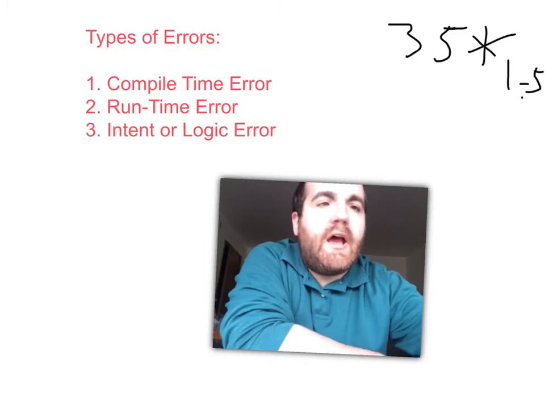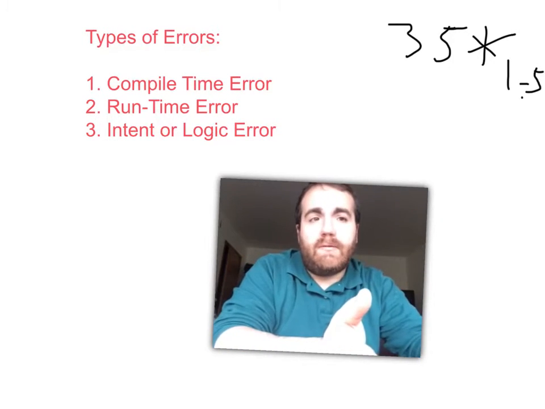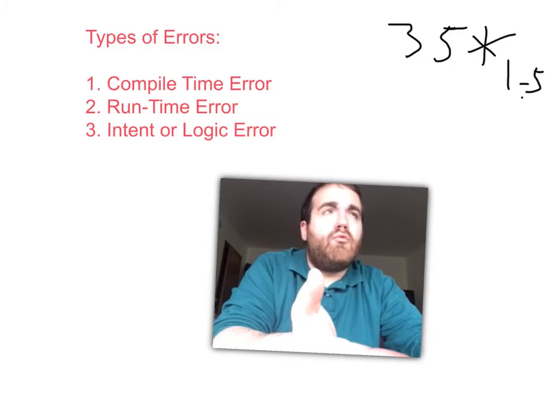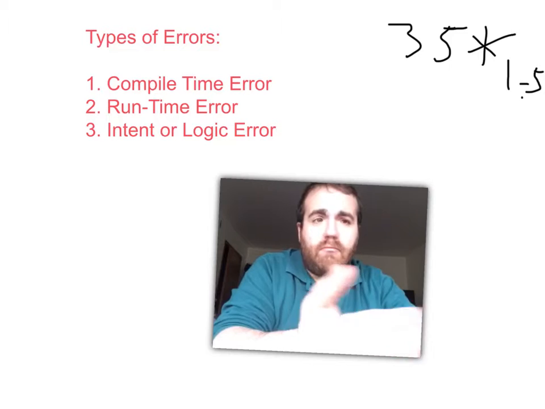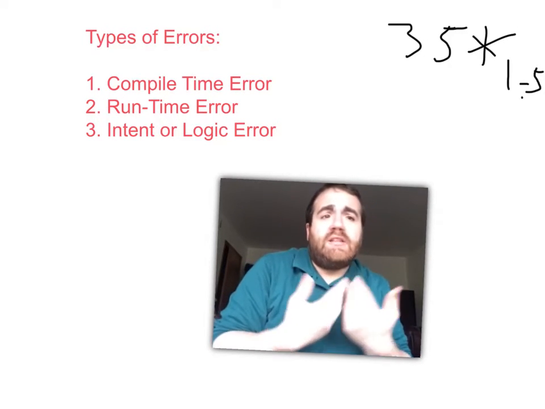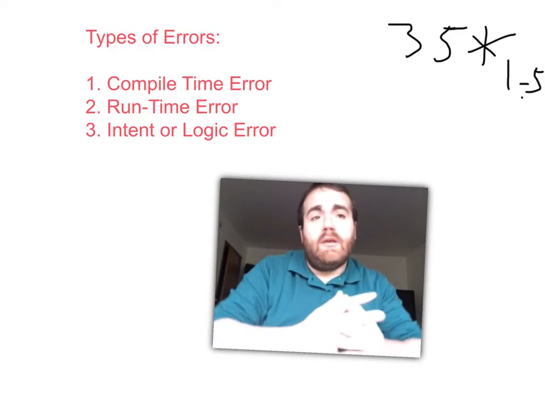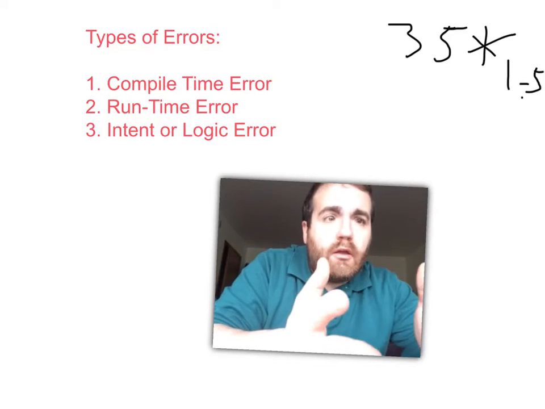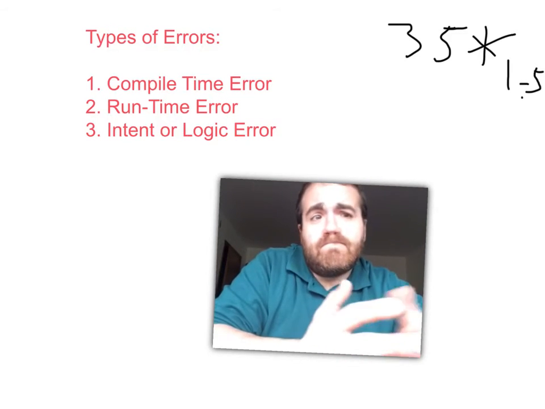So if they get 10 an hour, instead of getting the 350 they're due, they're getting 475. That's good for them, but our client's going to be pretty mad at us for programming that in the wrong way. So we want to make sure that when we're programming, we're doing it correctly.